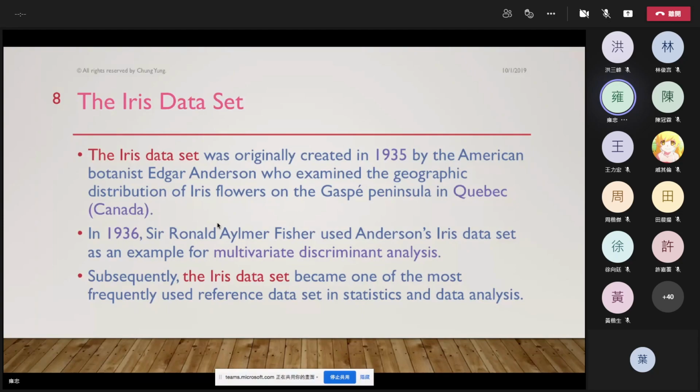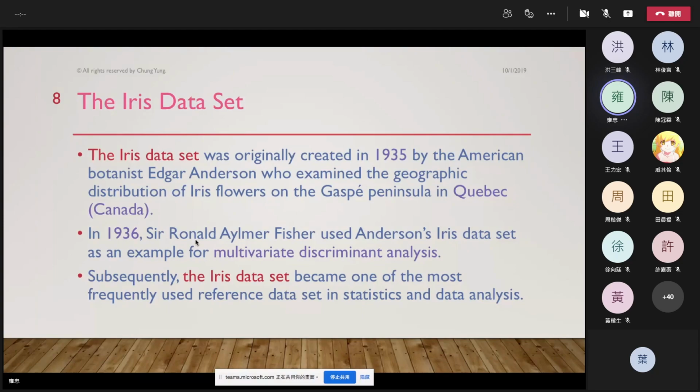It is a kind of analysis applied in statistics. So he used this data set as an example to show the techniques for multivariate discriminant analysis.